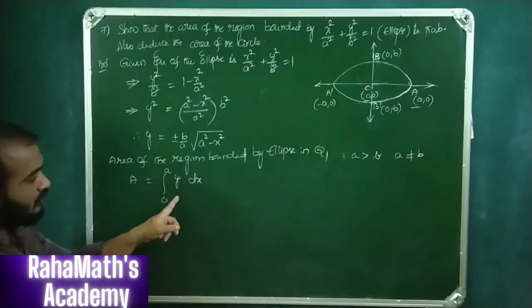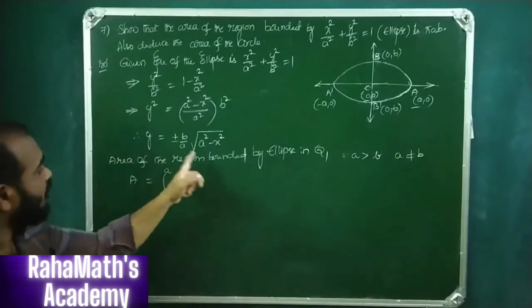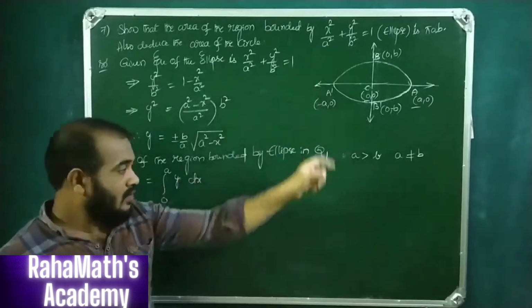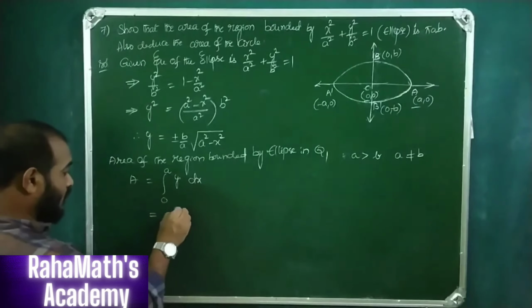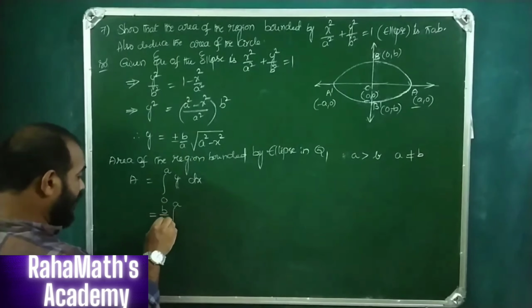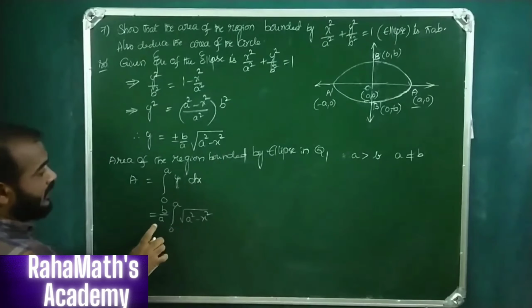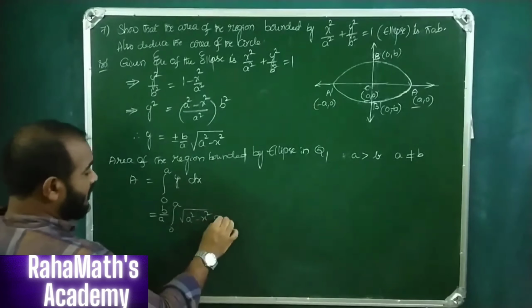Y is anyway a function of x itself. That's why before this step we have prepared x square by a square plus y square by b square equals 1 in terms of y. So this is equal to the integral from 0 to a. What is y? b by a into root of a square minus x square. Since b by a is constant, I have separated it from the process of integration.